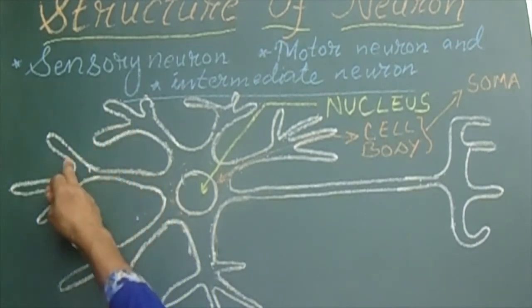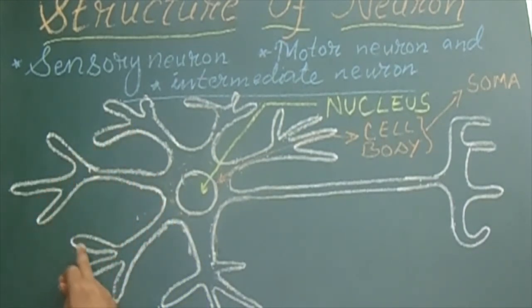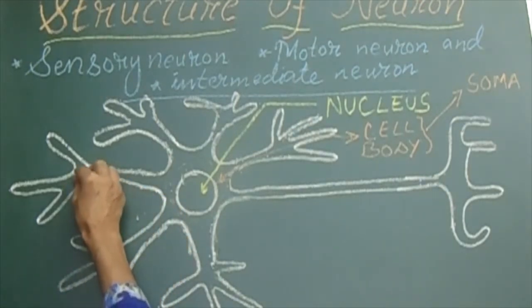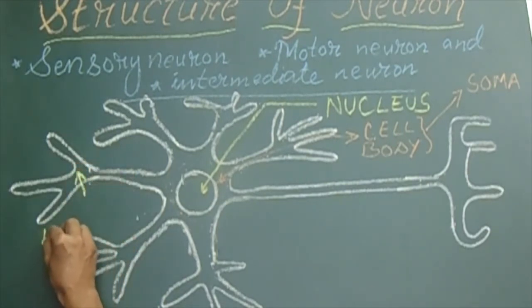Now we see these short extensions present in the neuron. These short extensions are called dendrite.